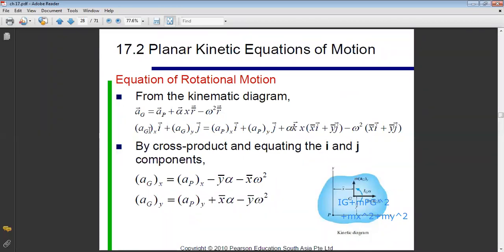So AG has two components in x and y, AGX and AGY, and AP can be written as APX i plus APY j. Alpha is always along the perpendicular to the plane of motion, which is along k. So it's alpha k vectorial R bar. R bar is vector PG, and vector PG, as you can see here, what are the coordinates of vector PG?